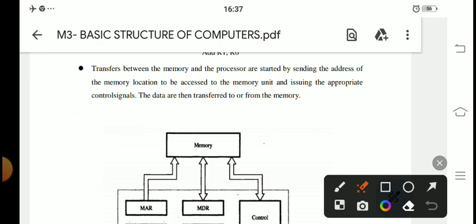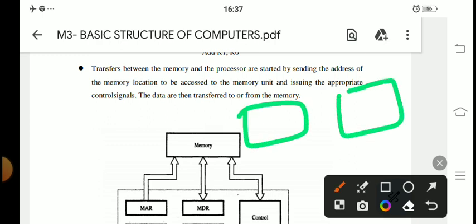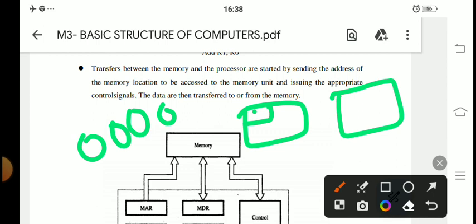Meaning, for example, let us consider this as a memory and this as a processor. If I want to access the contents of this part of the memory, let us consider this part of the memory with the address 0000. The processor will send this address to the memory, and it will send an appropriate control signal.